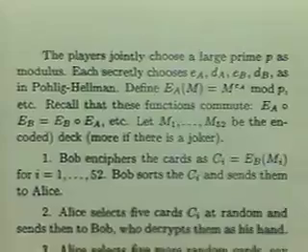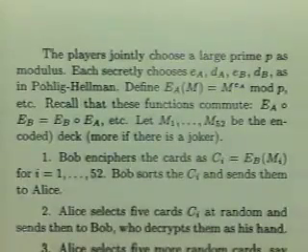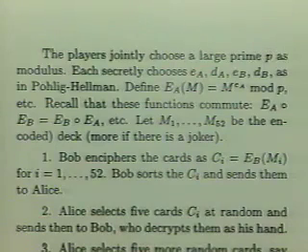Each player secretly chooses a pair of keys that could be used for method 2 of the Pohlig-Hellman system, just for that one player. For example, Alice would choose EA and DA, Bob would choose EB and DB.